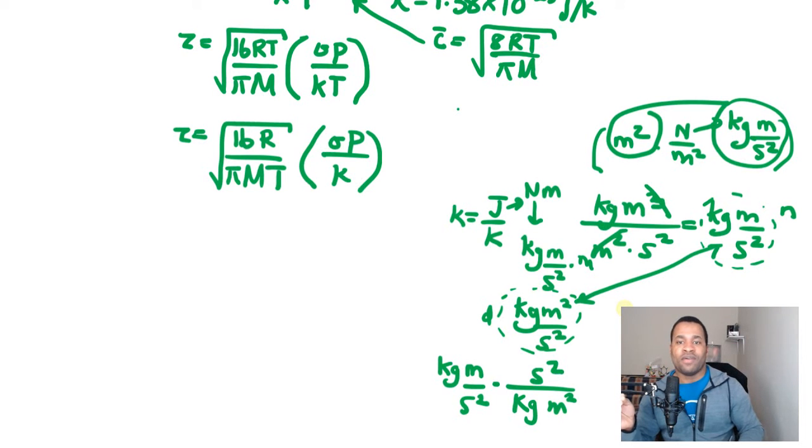So once we have this taken care of, we are going to cancel our seconds, and we're going to cancel our kilograms, and what we're left with is 1 m at the denominator. Therefore this bracket here actually has a unit that is in meter to the power of -1.